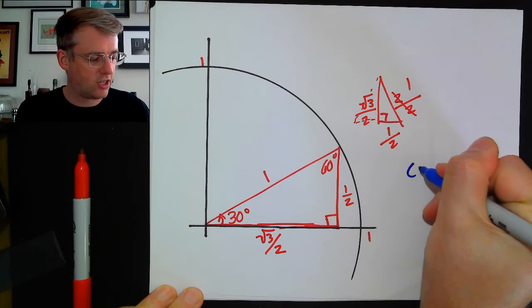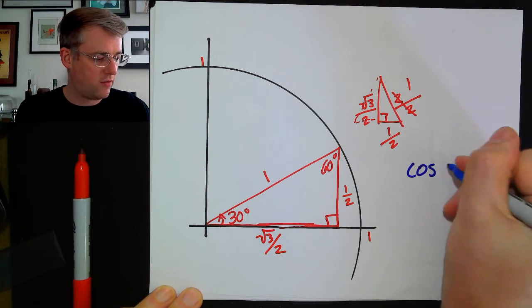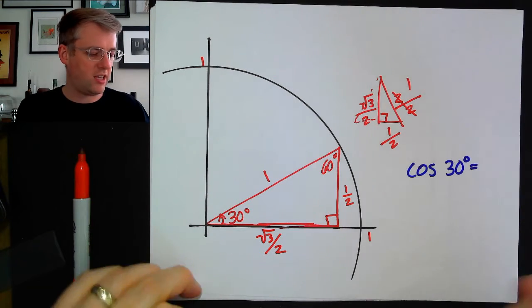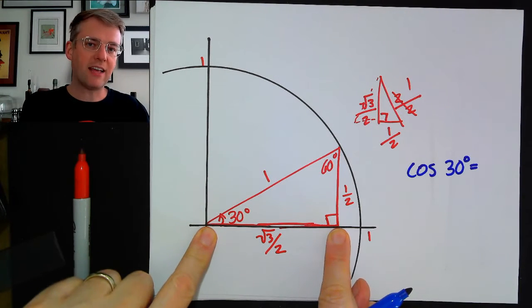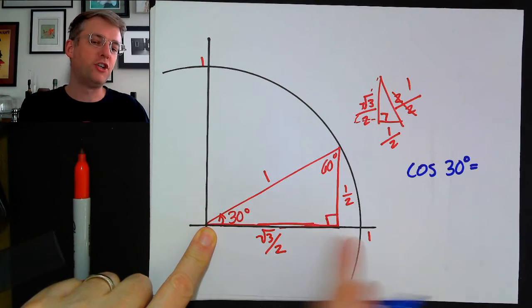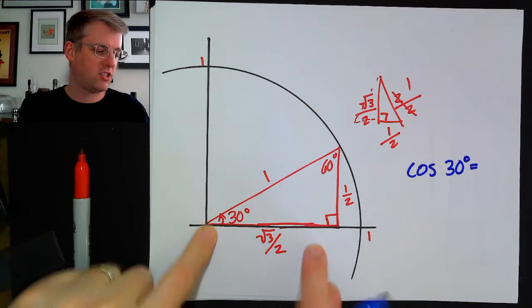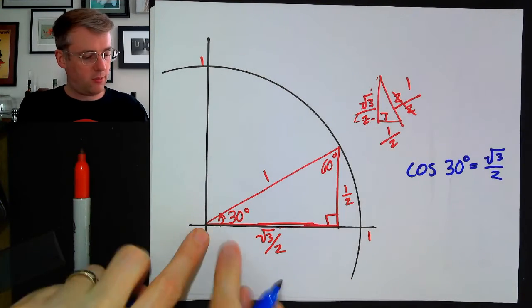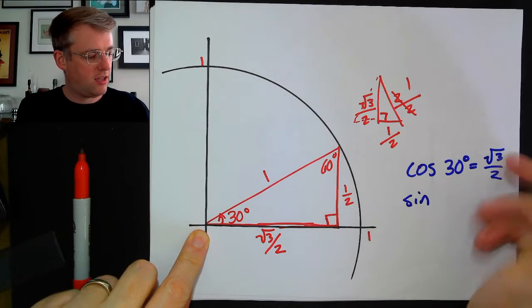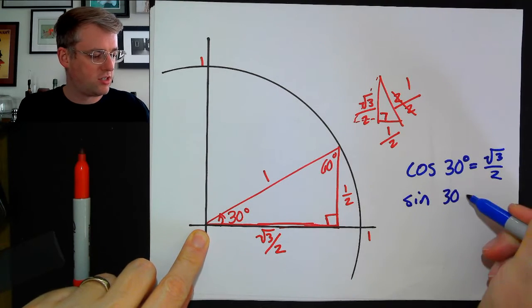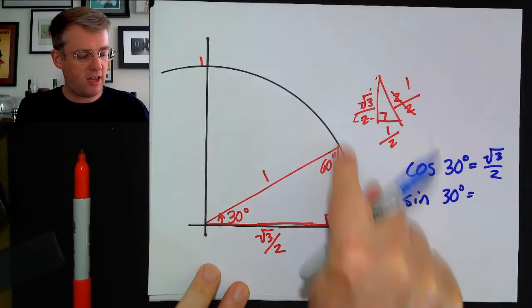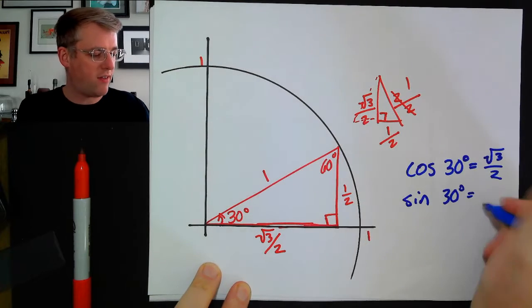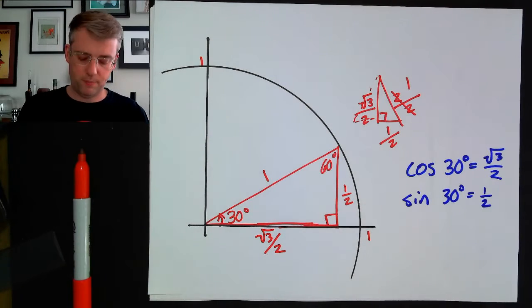It tells us that the cosine of 30 degrees is exactly the square root of 3 over 2, the adjacent leg of this 30, 60, 90 triangle. Similarly, the sine of 30 degrees is going to be the height of this triangle, the y value, 1/2.